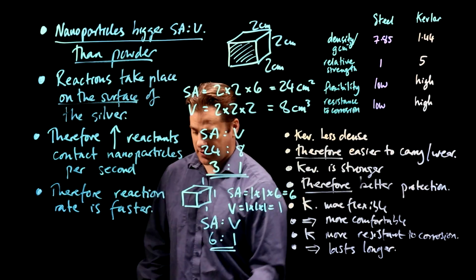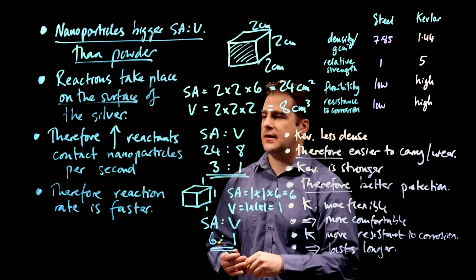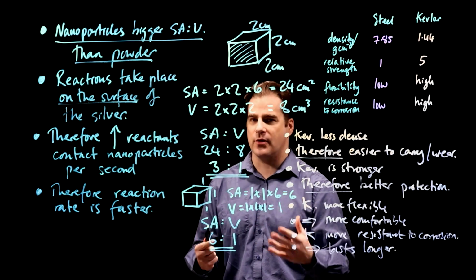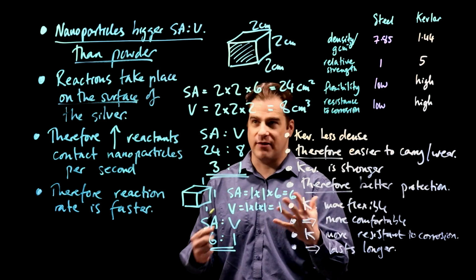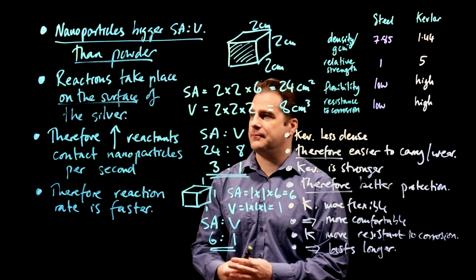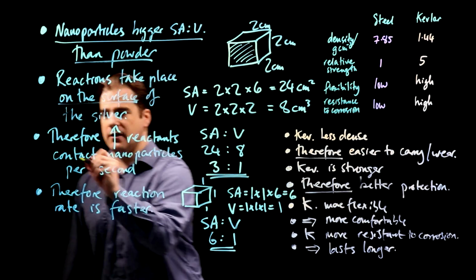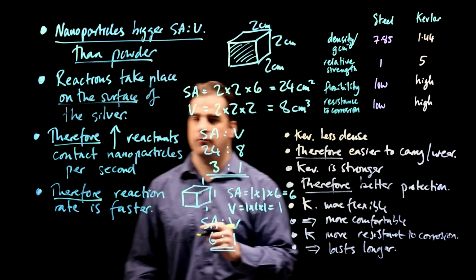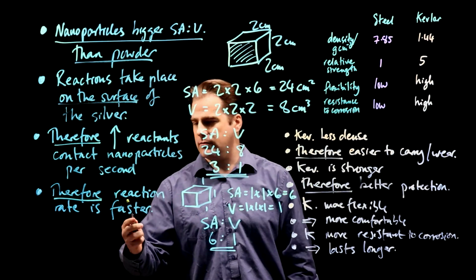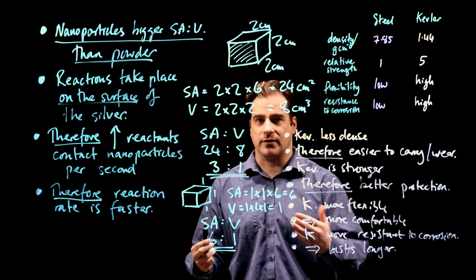Right, so I'm going to say what I always say, because it's important, it's exam technique for these sort of questions. It was a 3-mark question, so we've said 4 things. Try to say a little bit more if you can than the 3 things, if there's 3 marks available. And secondly, I've laid it out in this, therefore this, therefore this, therefore this kind of way. Use the word therefore rather than the word because. Okay? Don't say the reaction rate is faster because more reactants contact the nanoparticles per second, because it stops it dead.